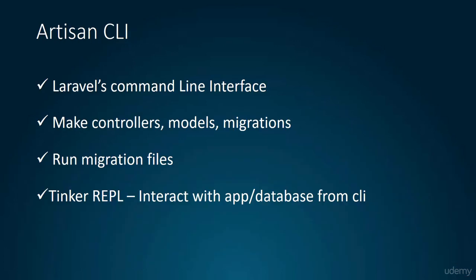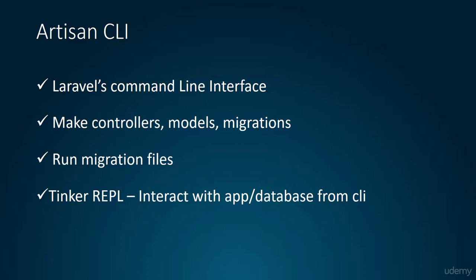Laravel also comes with a tool called Artisan, which is a command line interface, and it's absolutely fantastic. It makes things so much simpler. You can easily create controllers and models, database migrations, and so on. You can run migration files. So when we want to, for instance, create a users table, we don't have to go into MySQL or whatever database we're using and manually do that.